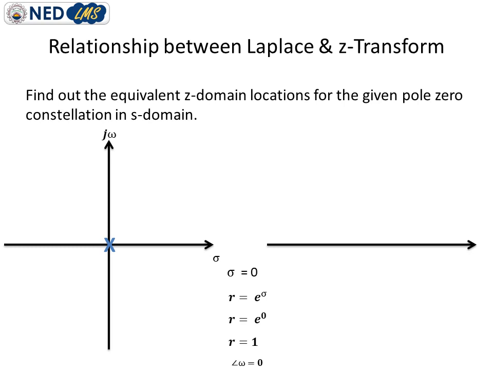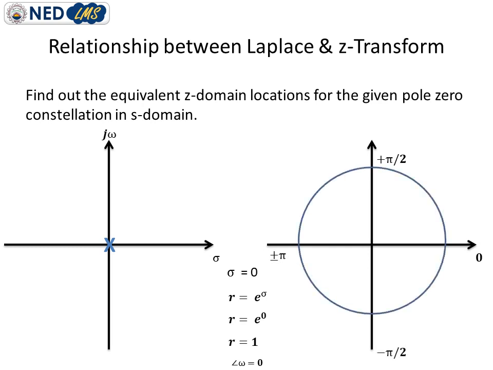In Z plane, you know that I have two axes and angles are marked accordingly: 0, plus pi by 2, plus minus pi, and minus pi by 2. Again, a unit circle is drawn and the pole is exactly laid on the radius of the circle, which is the position indicated by my pointer.